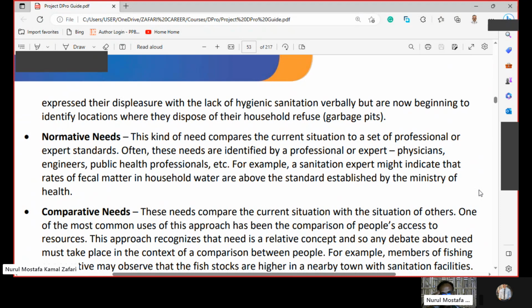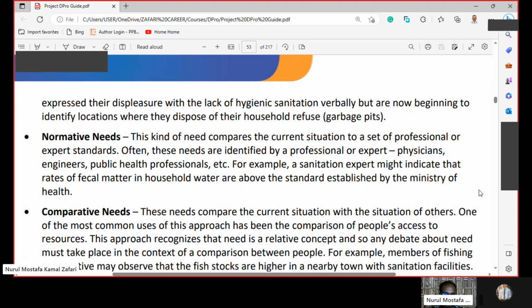Maybe the hospital is clean, the behavior of the staff members is very friendly, maybe the price of the medicine is low, and maybe the service of the operation theater is very good. So that's how people show their needs through expression, and Bradshaw defined it as an expressed need.